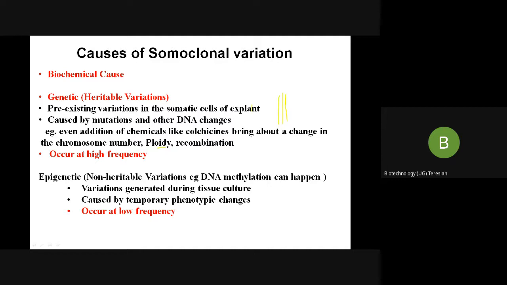It is polyploidy because there is an increase in number. There can also be a decrease in number, monoploidy. If you remove one more chromosome, only a single chromosome is there. So monoploidy. This type of ploidy change you will find in tissue culture when you are cultivating the plant.